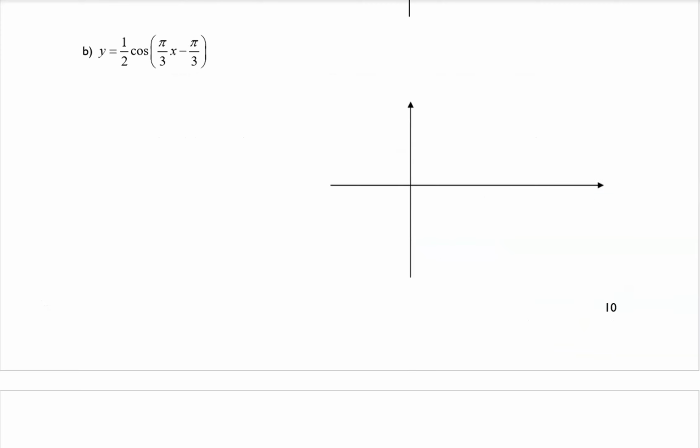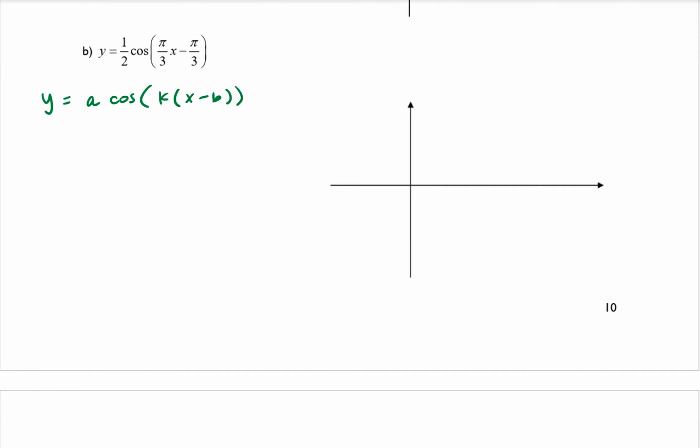All right, for part B, we are asked to graph y equals 1/2 cosine of pi over 3 times x minus pi over 3. And recall from up above that we want our function to look like y equals a times cosine of k times the quantity x minus b, like that.